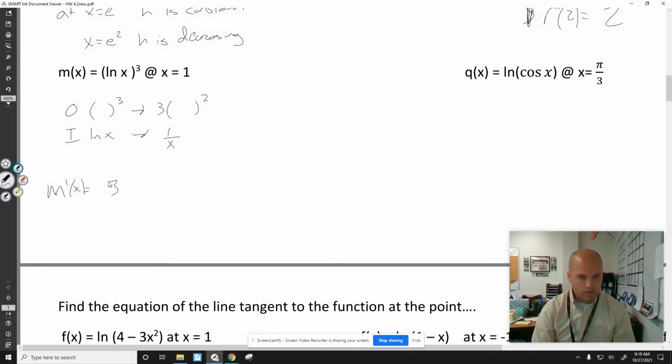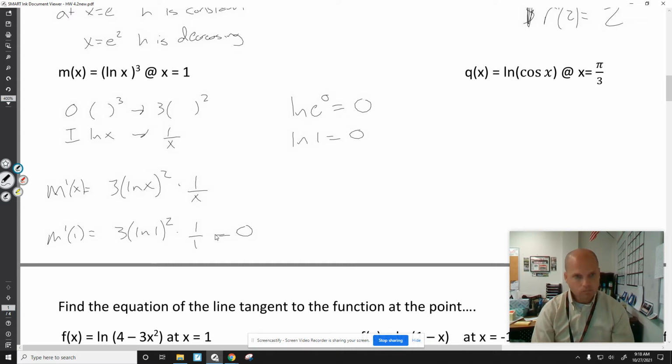So I have 3 times whatever started in the parentheses squared times 1 over x. Plugging in 1, you need to be comfortable with the log of 1 equaling 0. Again, the log of e to the 0 would just be 0, which is why the log of 1 is 0. So this is 0, and I'll just leave it there. I'll just say m is constant. It's flattened out.